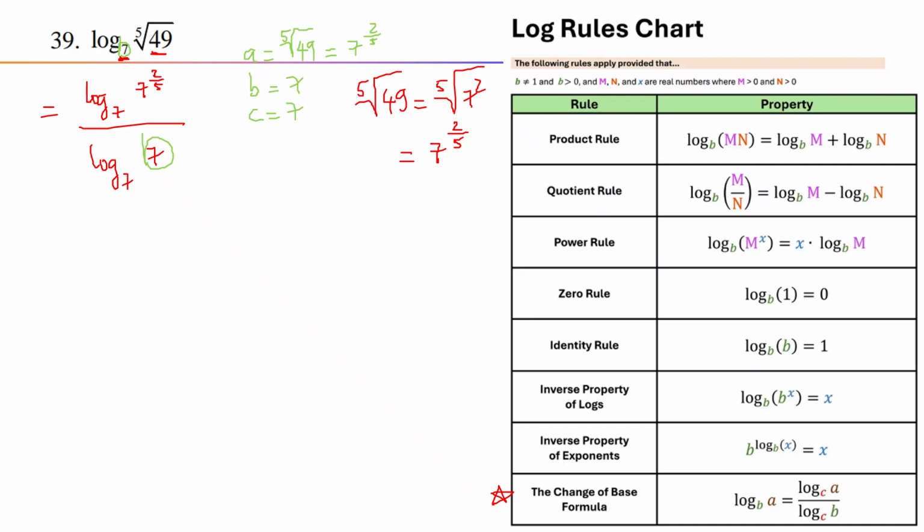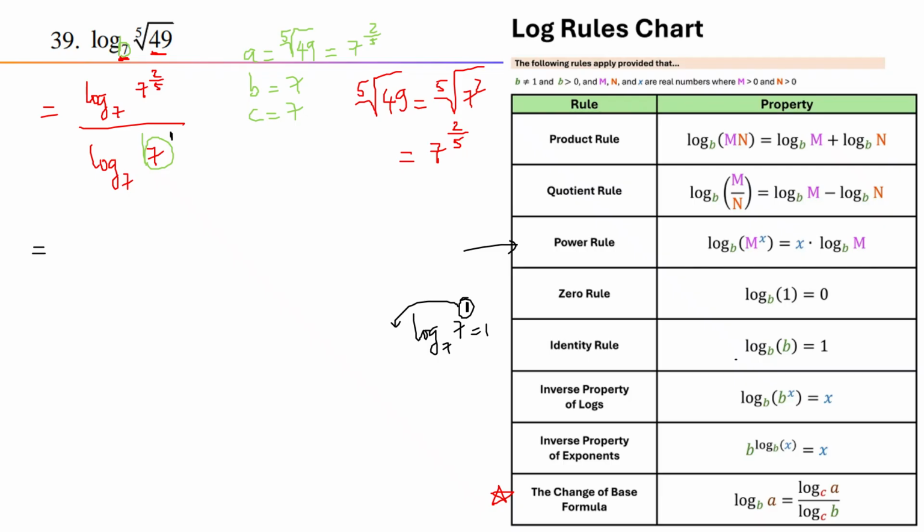Okay, now we continue. This is 7 to the power of 1, right? We can use the identity rule to say log base 7 of 7 equal 1, but also we can use the power rule to say that is 1, because when you move that 1 in front, then you will have 1 times 1, that is 1.